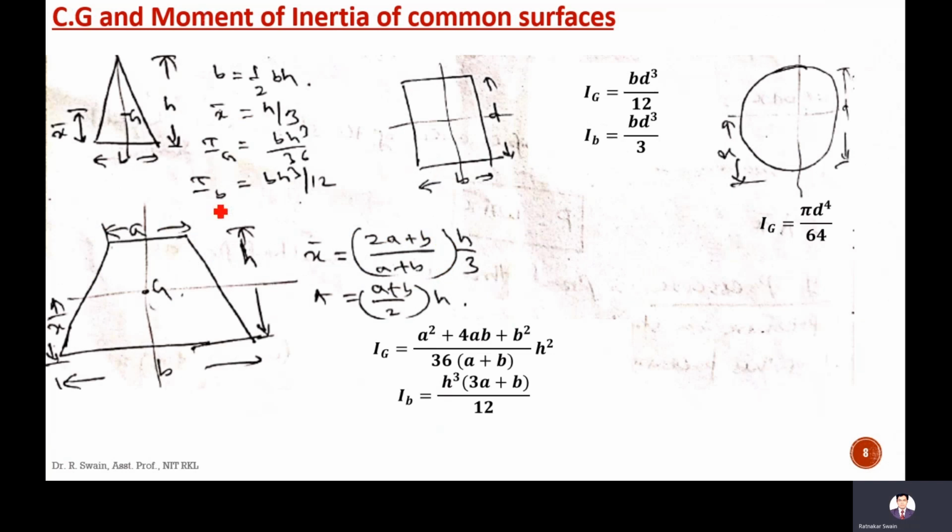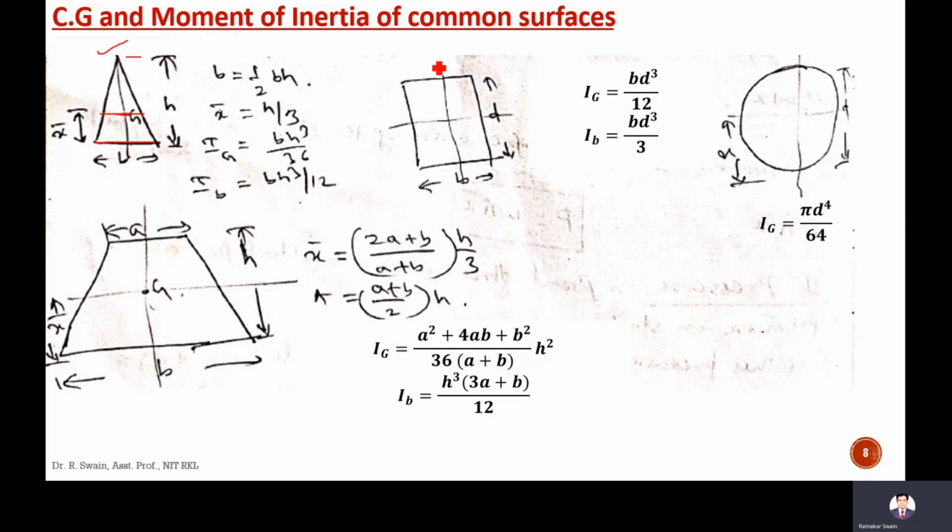Now these are the CG and moment of inertia of common surfaces. For a triangular surface, we know the area is BH by 2. X bar will be H by 3 from the base, or 2H by 3 from the apex. Ig, the moment of inertia about the CG, will be BH cube by 36. About the base it will be BH cube by 12.